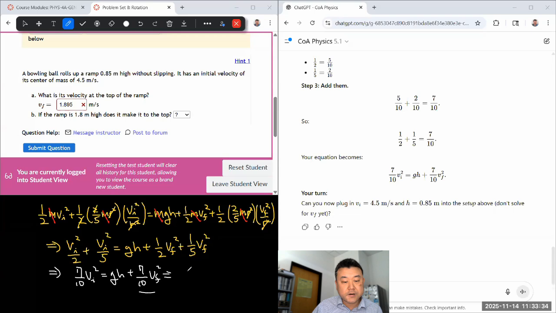It looks very similar to what I've done before. So v final is equal to the square root of, I'm multiplying through by 10 over 7, so it'll be v initial squared, and I move the gh over, so it's minus, and then multiply it through by 10 over 7 gh. Yeah, I'm gonna get a larger number, right?